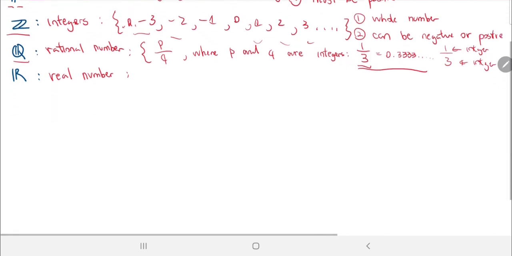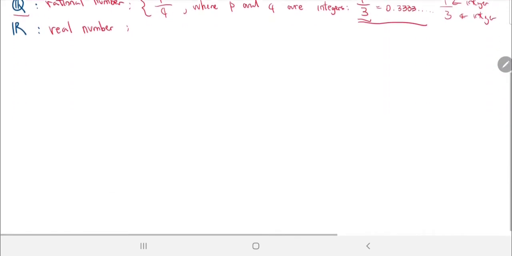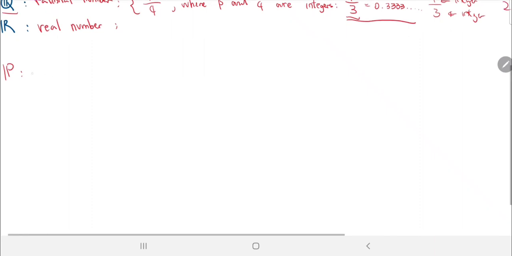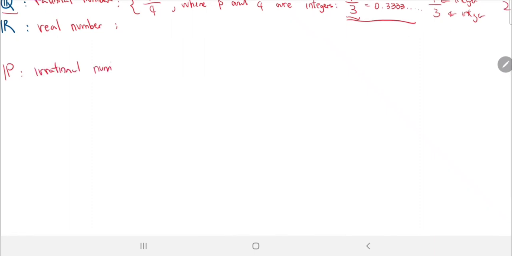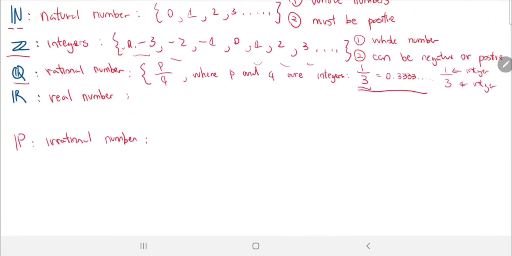There's a special case I want to talk about, which is irrational number. The irrational symbol can be written down as a vertical line and a P. So what does this mean? You can look at the definition of rational.